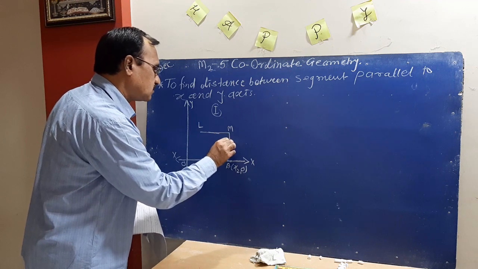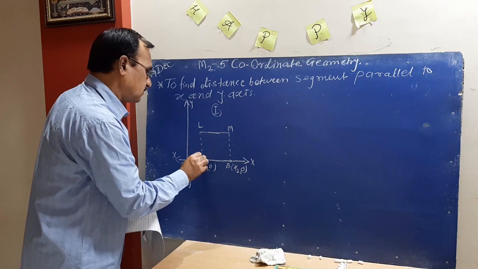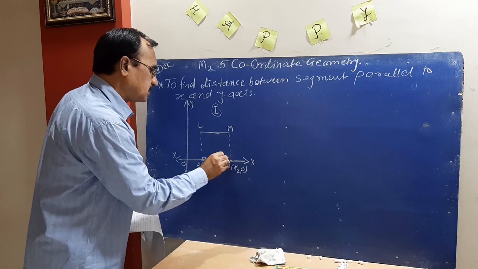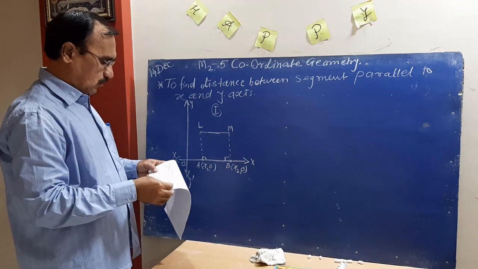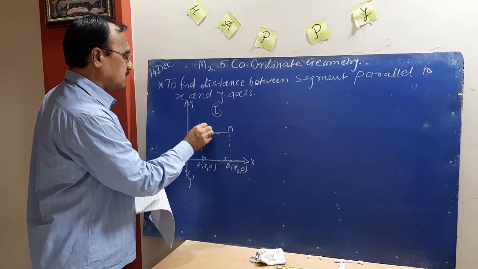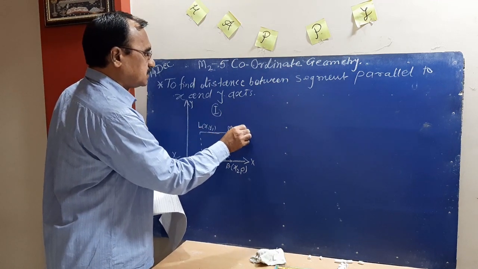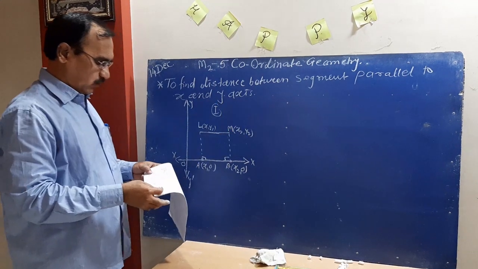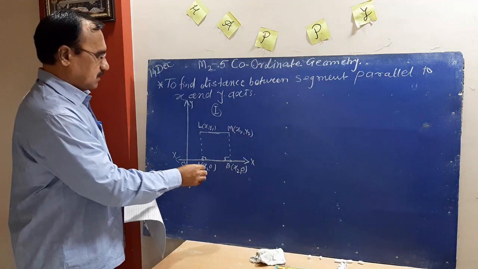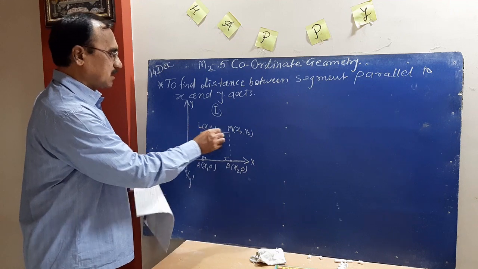Draw perpendiculars, again perpendicular means this is 90 degrees. Now here, the coordinate of point L is x1, y1 and M is x2, y2. This is the x1 coordinate, this is the y1 coordinate here and here also.